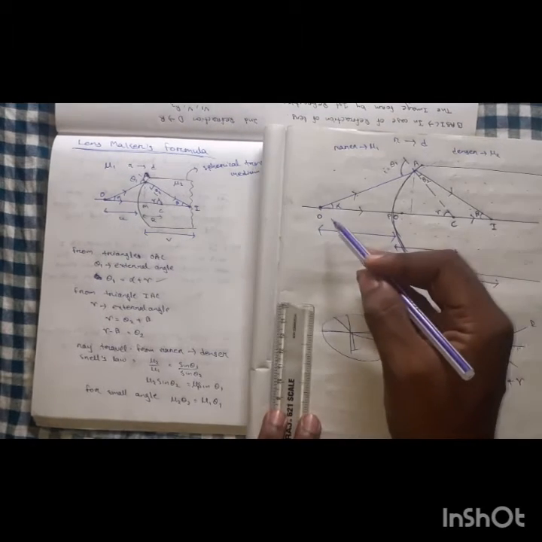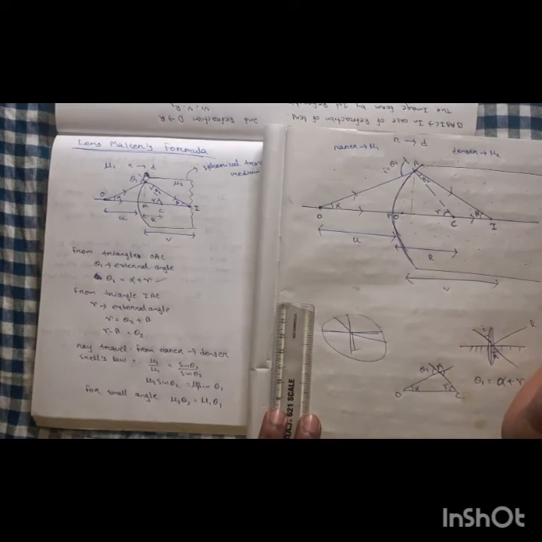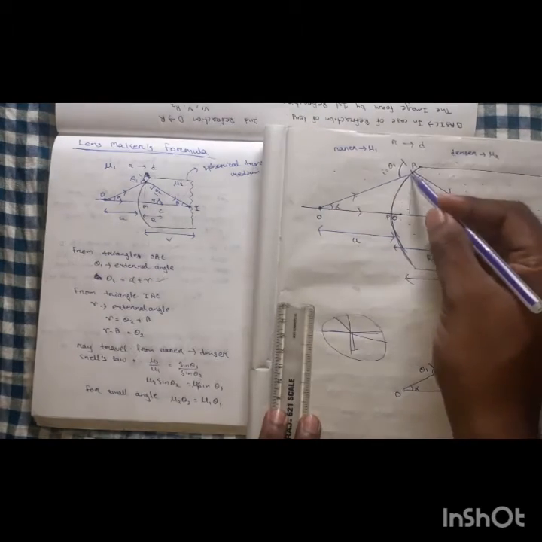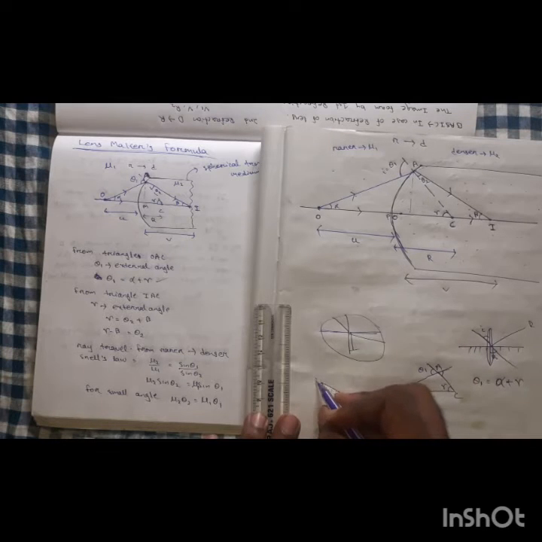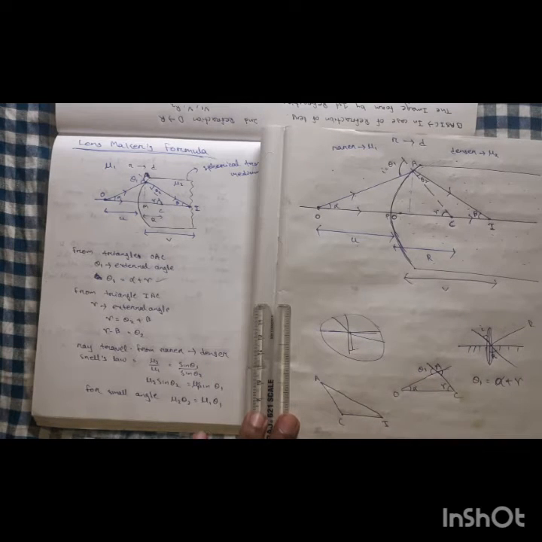In triangle IAC, let me draw the diagram for your ease. Here the outer angle is gamma, the inner angles are theta 2 and beta.